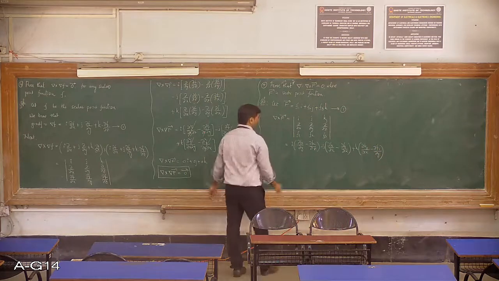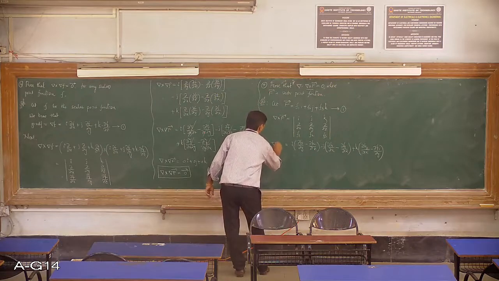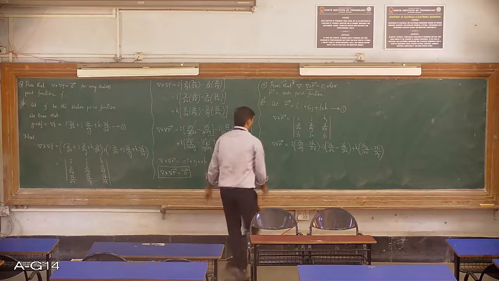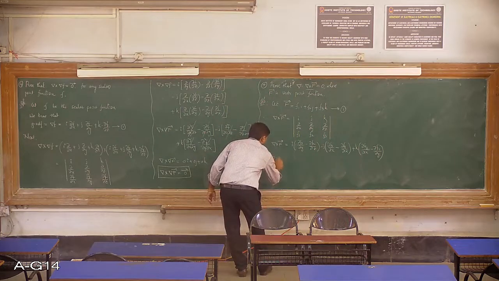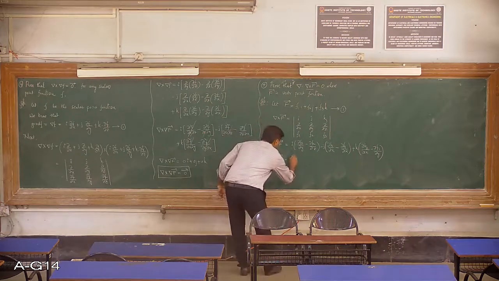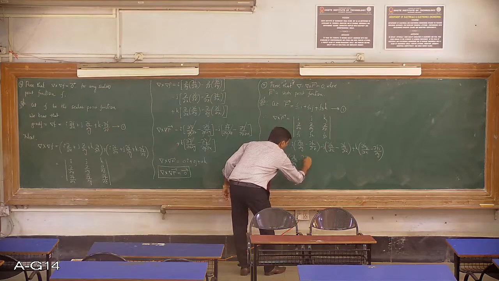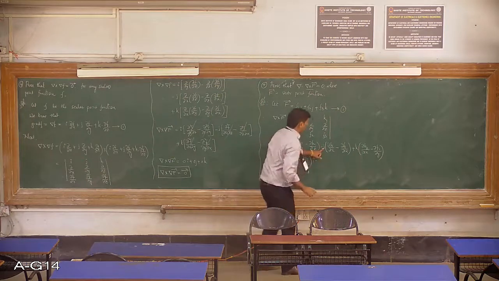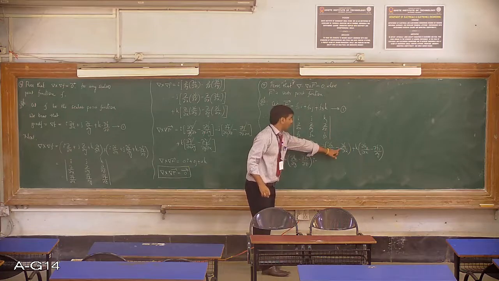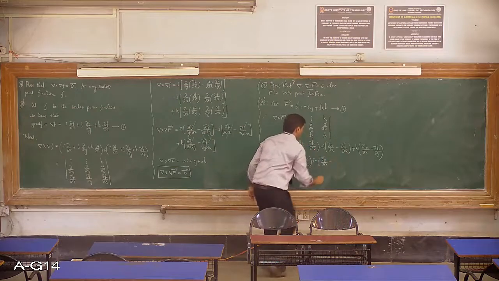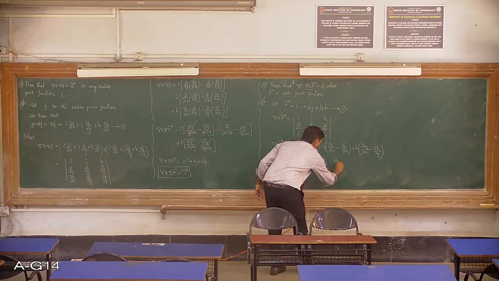Okay. So this is del cross f. If you want to rewrite it, you can write del cross f is equal to i times dou f3 by dou y minus dou f2 by dou z. Here the minus sign is there, I want to make it positive, so I take the minus sign common, so this becomes positive. That means j times dou f1 by dou z minus dou f3 by dou x.